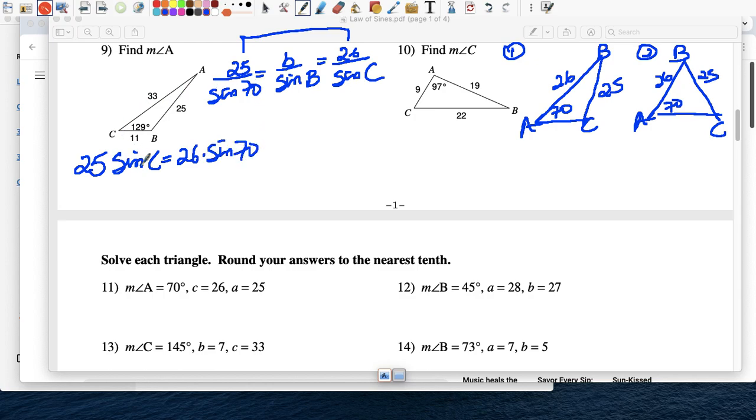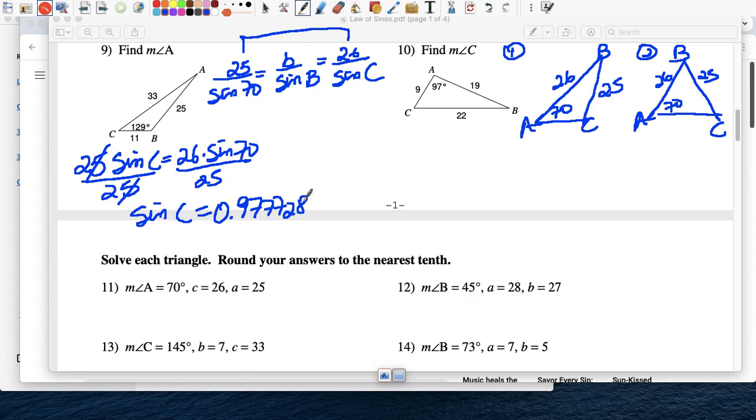Because I'm cross multiplying that, I'm going to divide both sides by 25. Sine of angle C equals 26 times sine of 70 divided by 25. On your calculator, you're going to get a number like 0.977280326. So there's an angle where, if you divide the opposite over the hypotenuse, you get this answer.